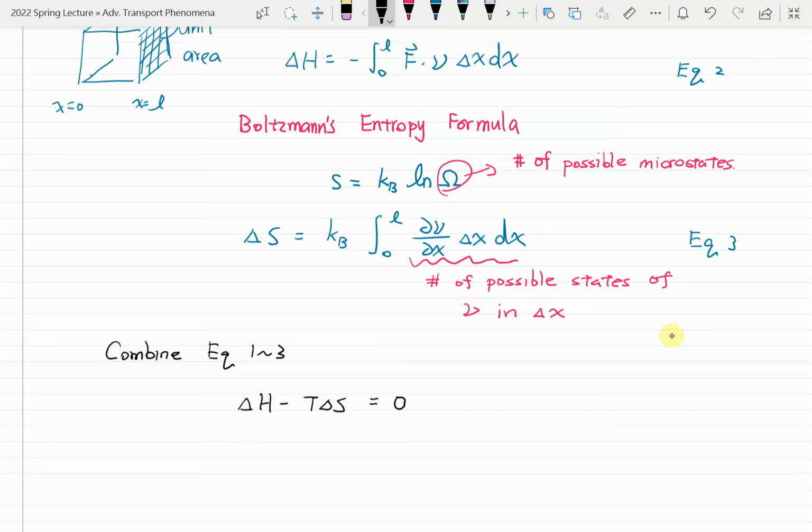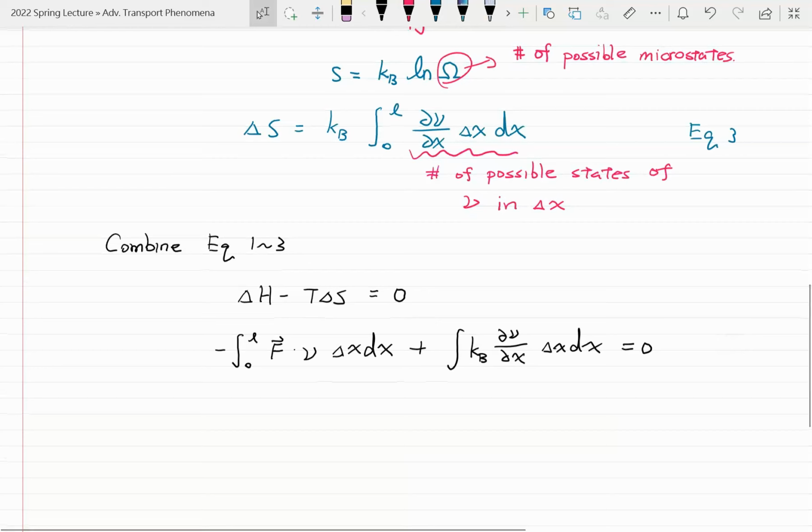Delta H equals the negative integral from 0 to L of the force exerted on a single particle times the number density of the particles times delta x dx, plus the integral of the Boltzmann constant times partial nu partial x times delta x dx equals 0.